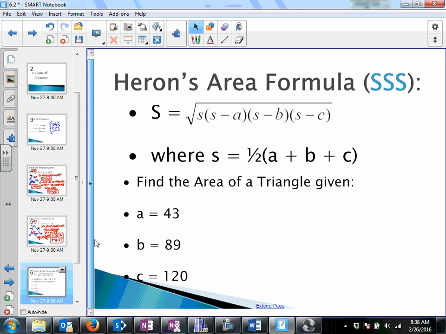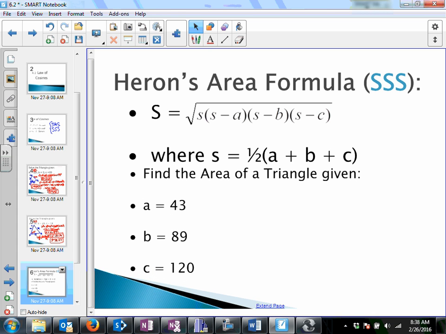Okay, so here's our example. I'm giving you that side A is 43, side B is 89, and side C is 120. So, first thing we need to find is little s.